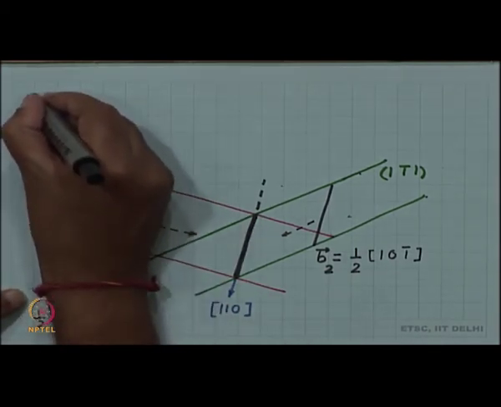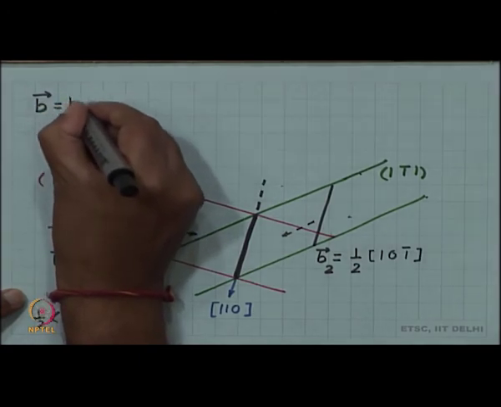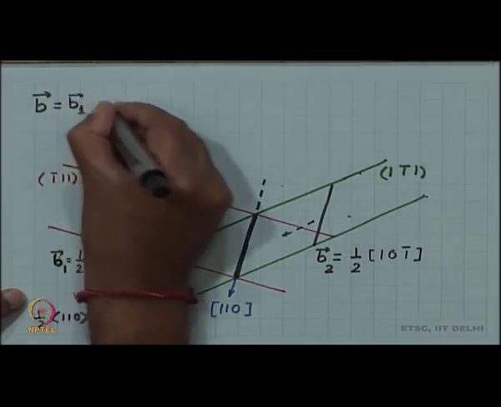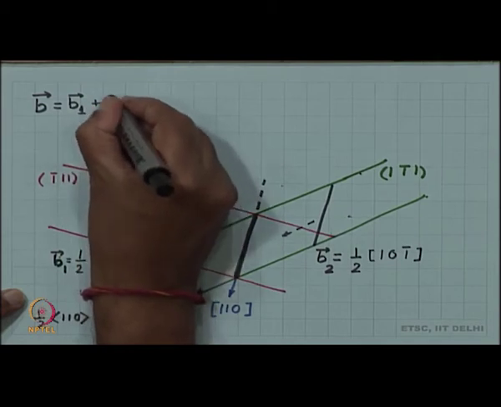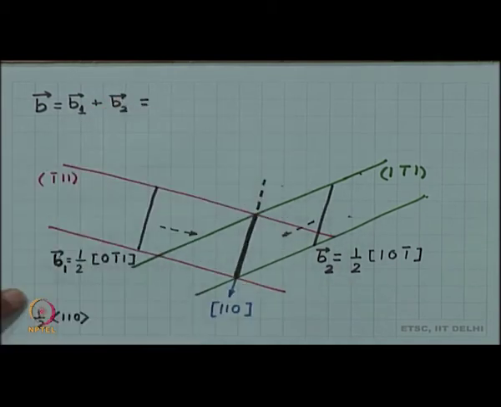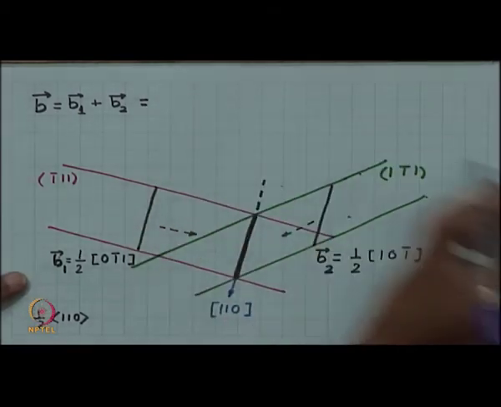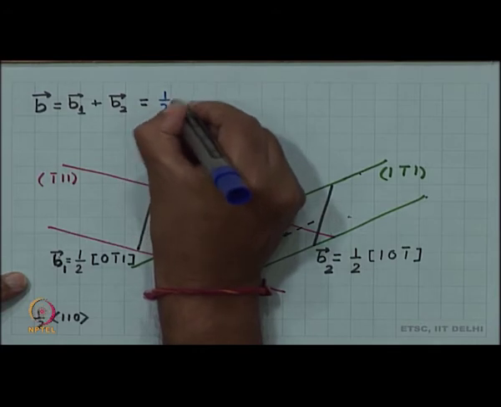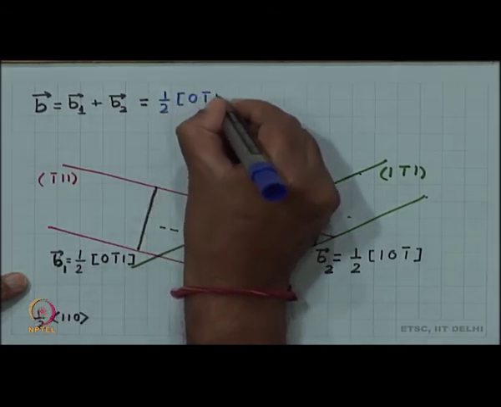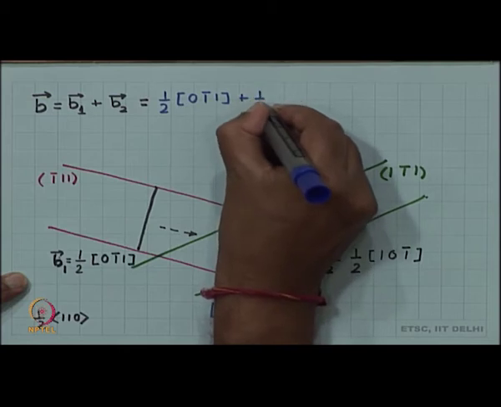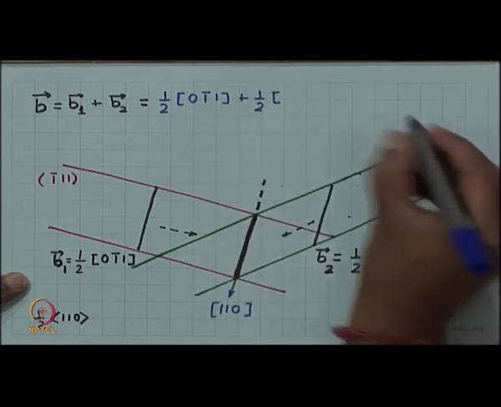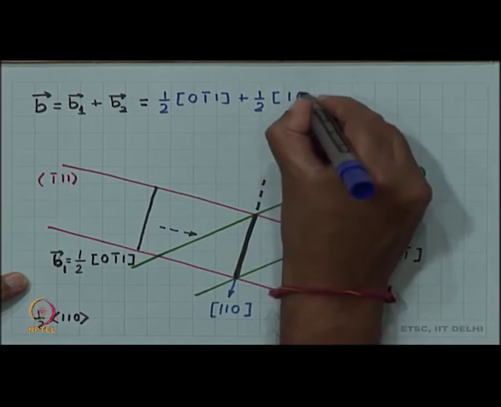So, the sum Burgers vector will be b1 plus b2, and if we write this, then we find half 0 bar 1 1 plus half 1 0 bar 1.